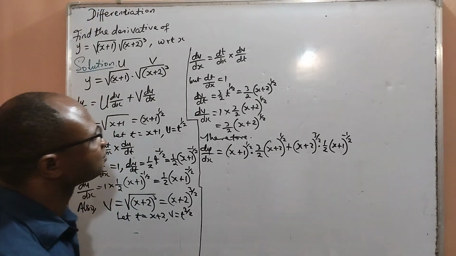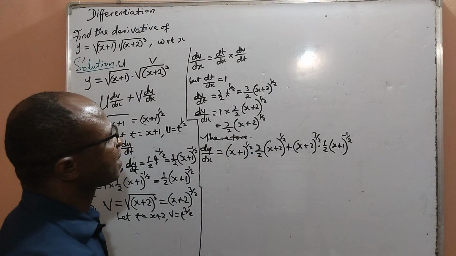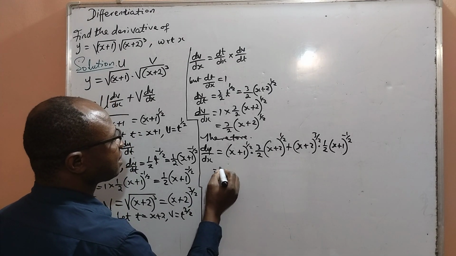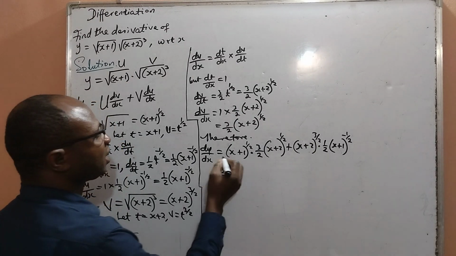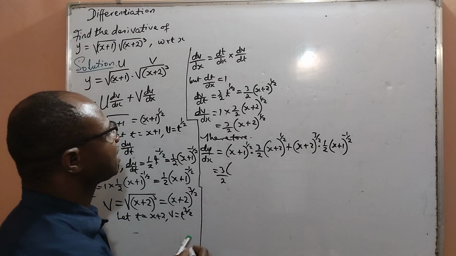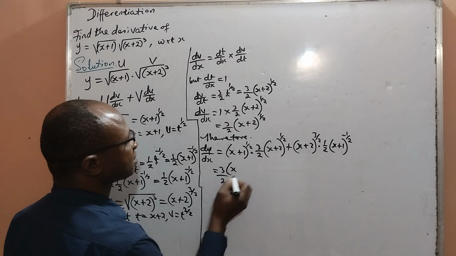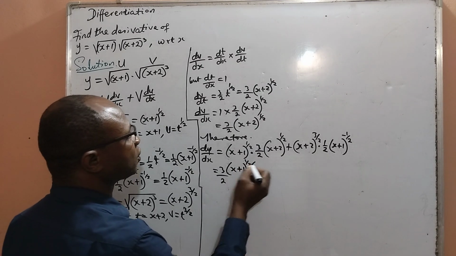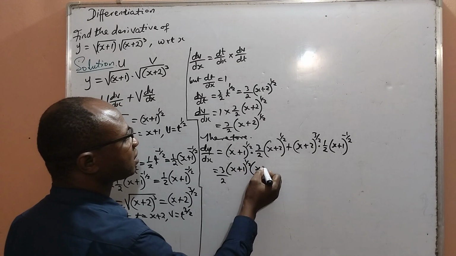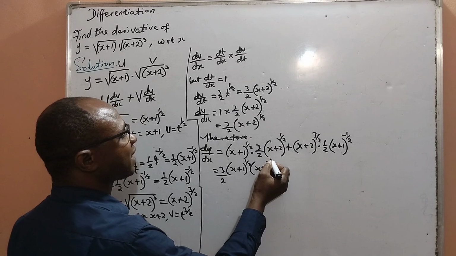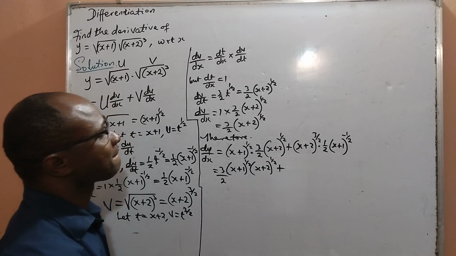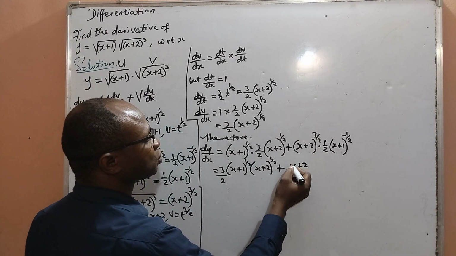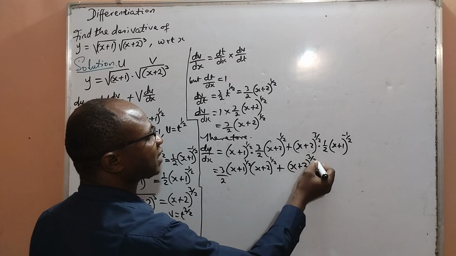Let us continue. From here, I have that 3 all over 2 into, you can see with me, (x plus 1) to the power of half into (x plus 2) to the power of half, plus, at this point I have (x plus 2) to the power of 3 over 2.